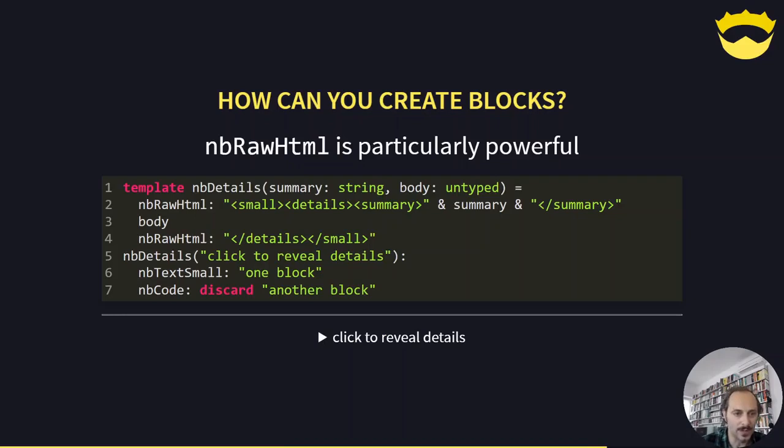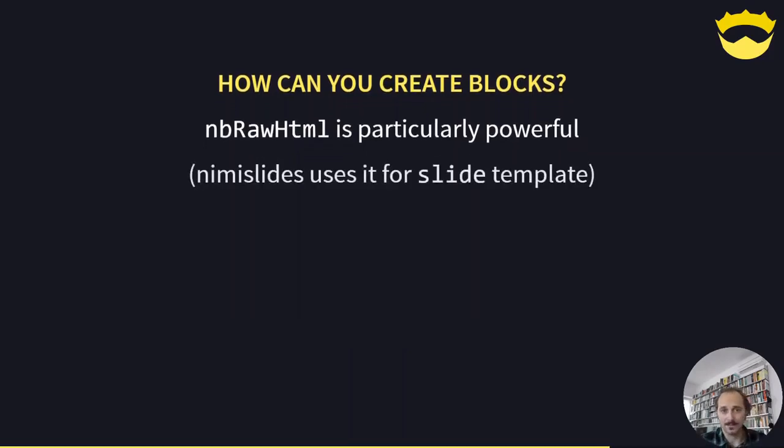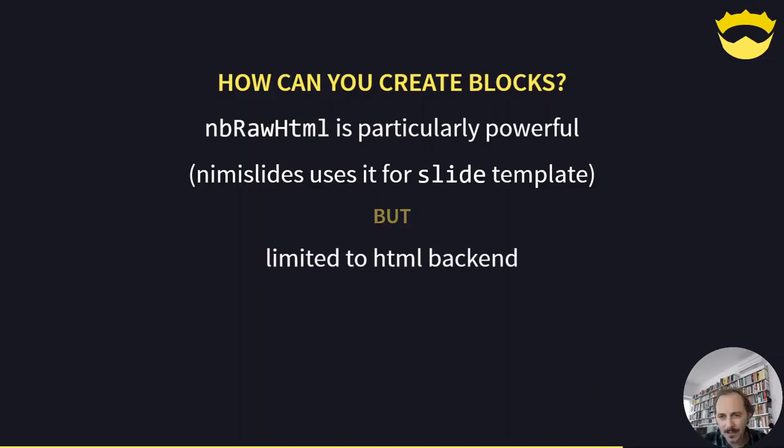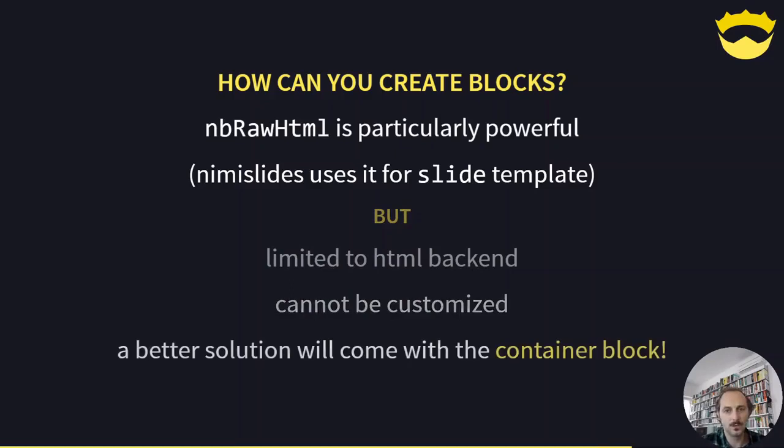And this will create a details and summary block on which I can click. Note that in this block, we can have multiple blocks inside. In fact, this type of approach is what Nimib Slides uses for the slide template, but it is limited to the HTML backend and cannot be customized. So in the future, there will be a container block, which will be a better solution for this.